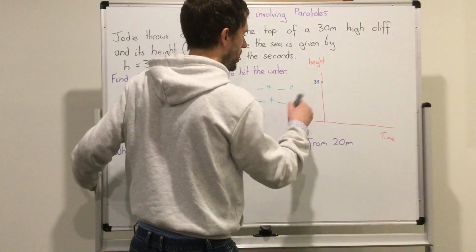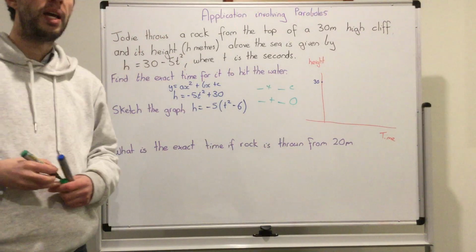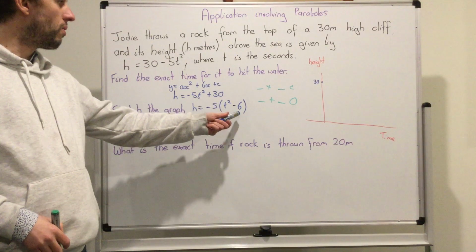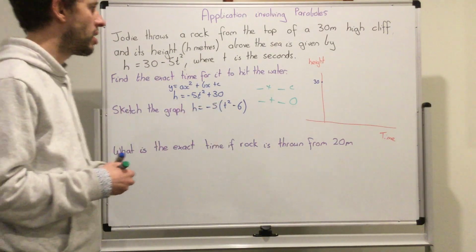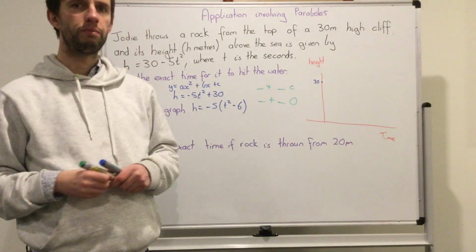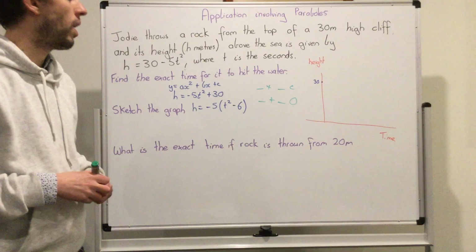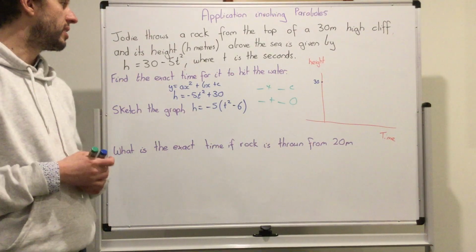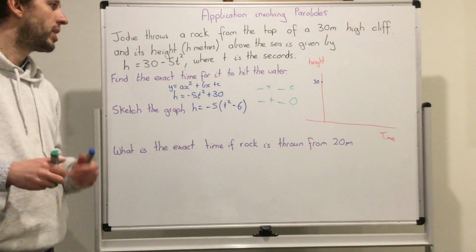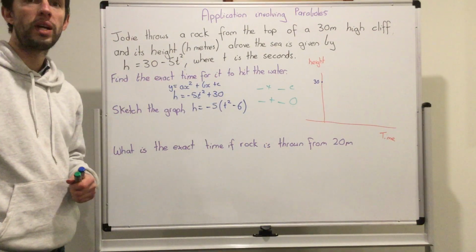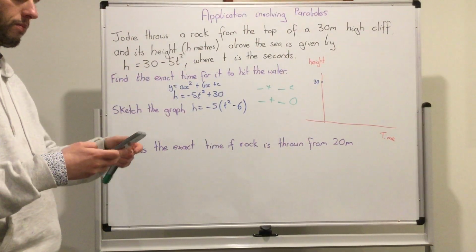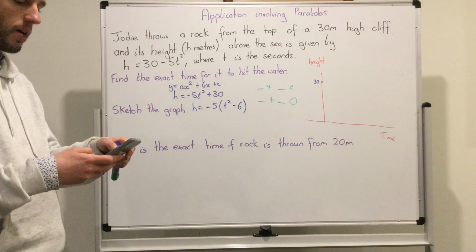So we need two numbers that add up to 0 and multiply to equal negative 6, so they need to be the same number, one positive and one negative. What is the square root of 6? I'm just getting my calculator up.